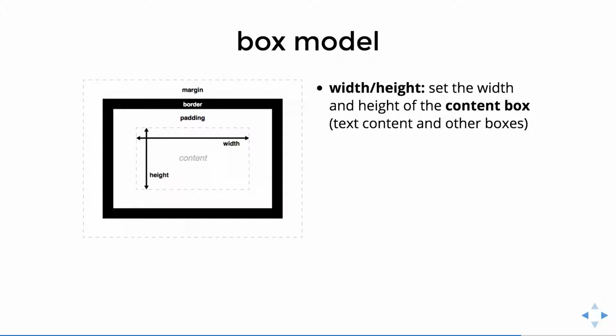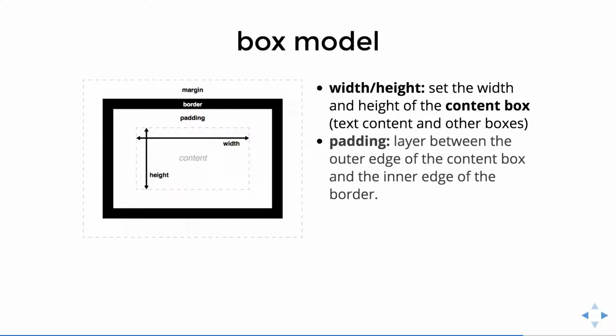Only that inside part. In the past, you always had to do math between width, height, padding, and border to figure out the actual width of the whole thing. But width and height is talking about that content box, where your text content and other boxes are.